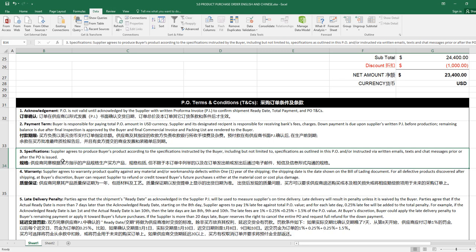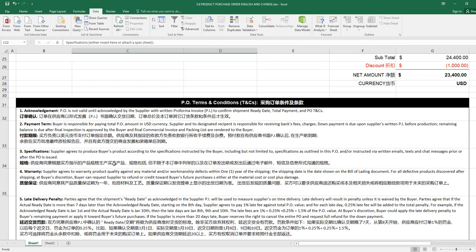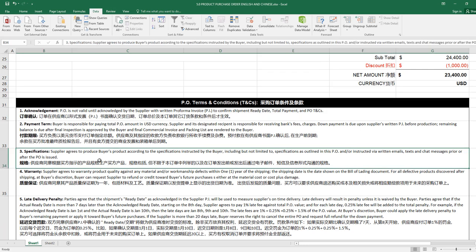The reason I write this specification in this way is because a lot of times your attachment or your specifications listed on the PO may not cover the entire scope. A lot of times after the PO is issued, either during the production or during the communications, design changes happen.